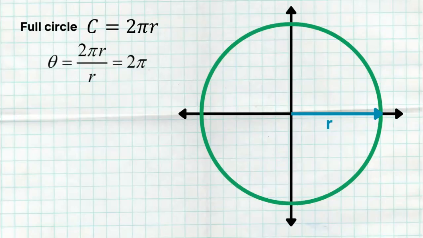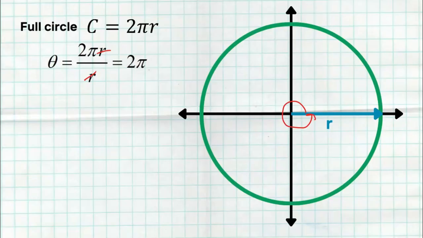So if we take our formula, which is the arc length divided by the radius, so we take the arc length of an entire circle, 2 pi r, divided by the radius r, the first thing I notice is that those r's are going to cancel or reduce to a 1, and we just get 2 pi, which means that one full circle, regardless of the size of the circle, because the radius canceled, has 2 pi radians.